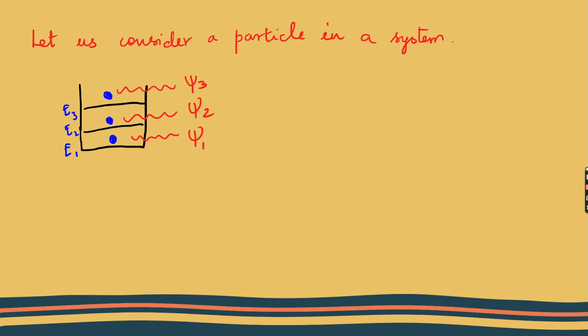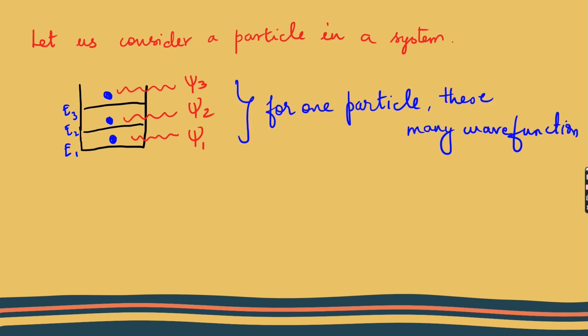The problem is that we do not know in which energy level my particle is present. So for one particular particle, there are this many wave functions. If it is in E3, it will have psi3, and if it is in E2, it will have psi2. I do not know which wave function to use in order to obtain information about the particle. So I am going to assume a bigger wave function which defines all these smaller wave functions psi1, psi2 and psi3.